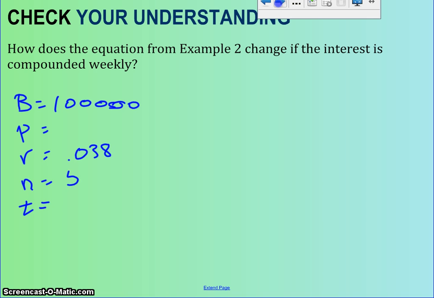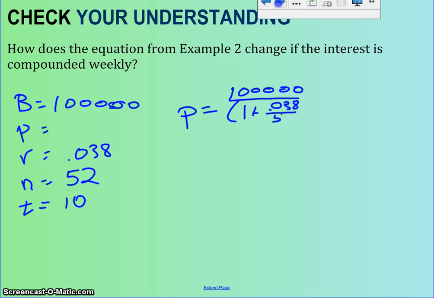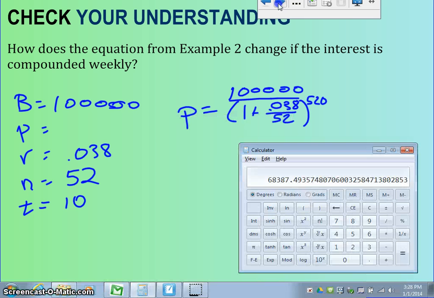The difference here is it's going to compound weekly instead of compounding daily, so it'll be 52, and again for 10 years. Plugging that into my formula, I've got $100,000 divided by 1 plus 0.038 divided by 52, all to the 520th power, because it's 52 multiplied by 10.